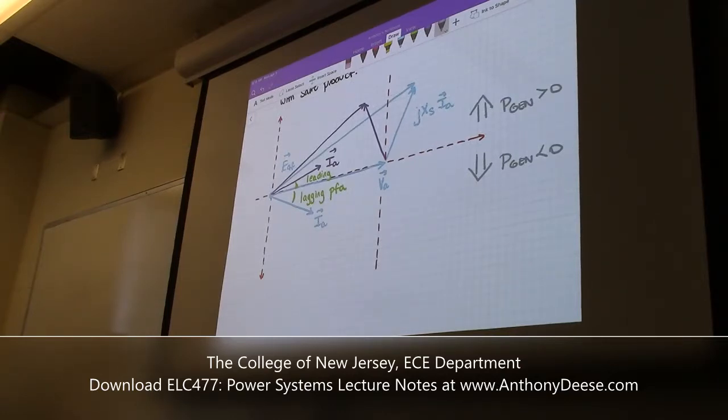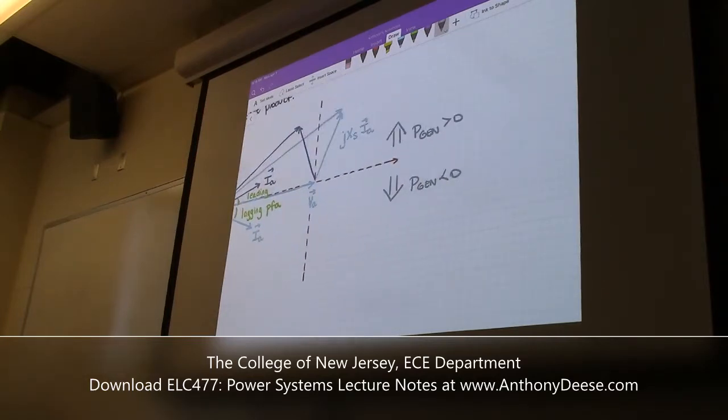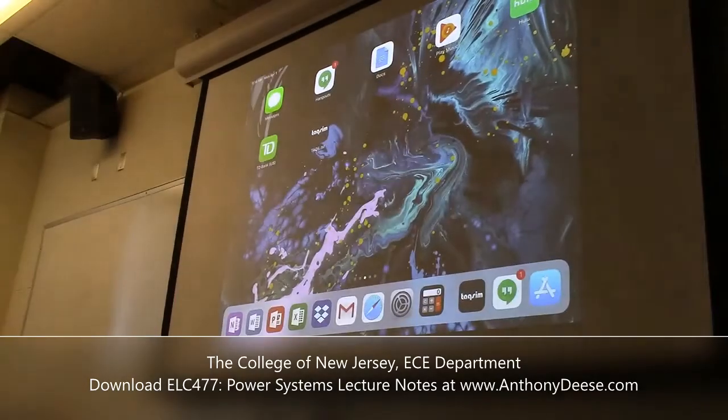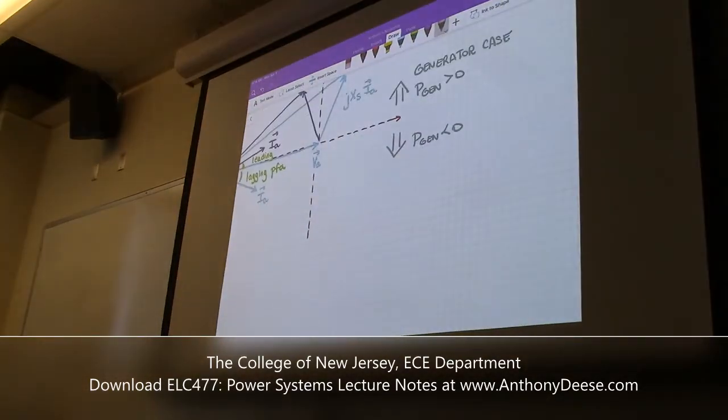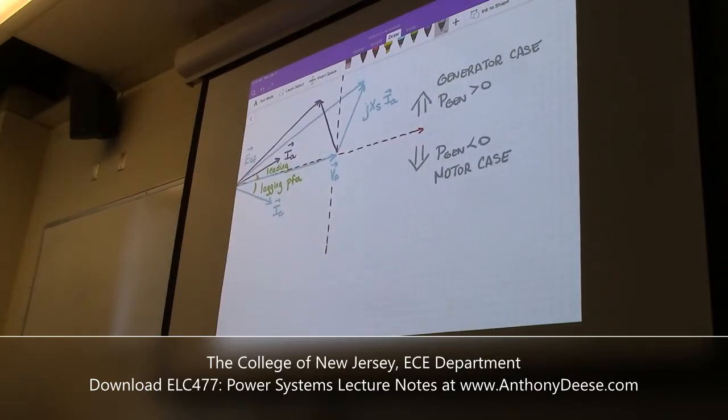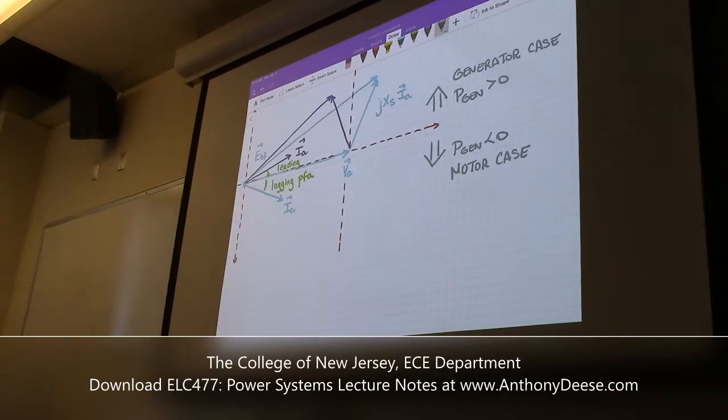Both of these cases are generators, so we'll call these the generator cases. And then down here, this would be the motor case, where it's absorbing power. Does that really get with the current's negative, or the IA is negative? Yes, yeah. Yes.